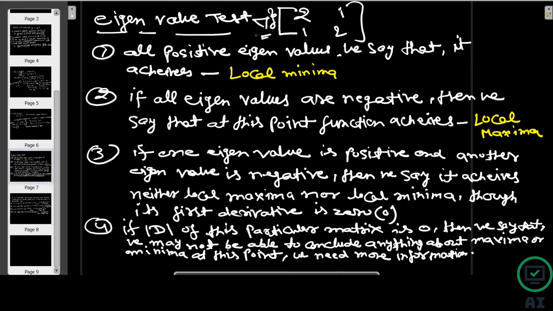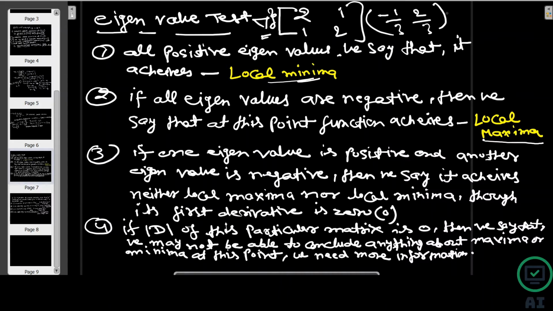Similarly, we can also say that if the eigenvalues of this particular matrix, which is the partial derivative at this point minus 1 by 3 and 2 by 3, are all positive, then we say that it achieves local minima. And if all eigenvalues are negative, then we say that at this point the function achieves local maxima.